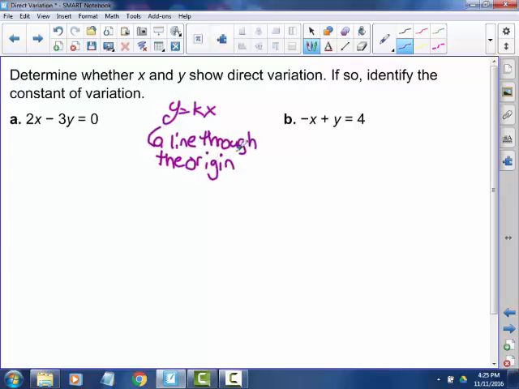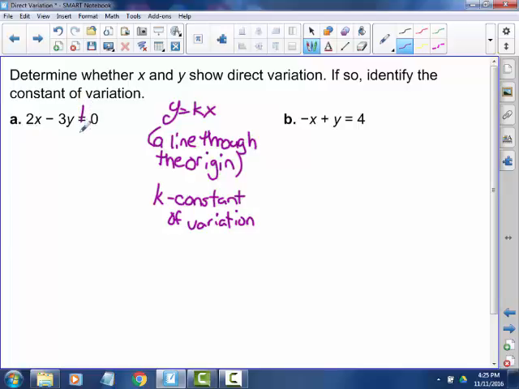K stands for our constant of variation. So the easiest way to determine that it shows direct variation is to simply solve the equation for y.